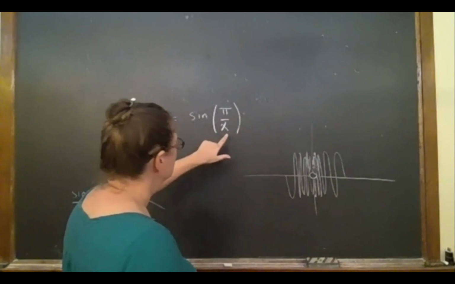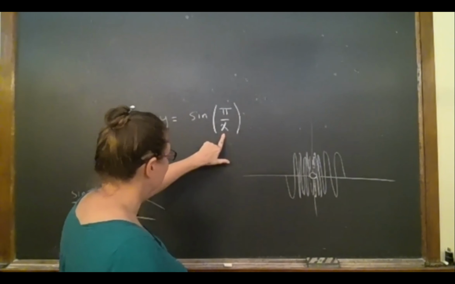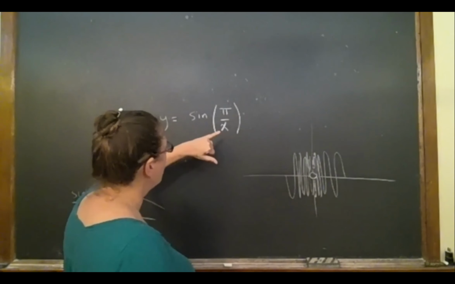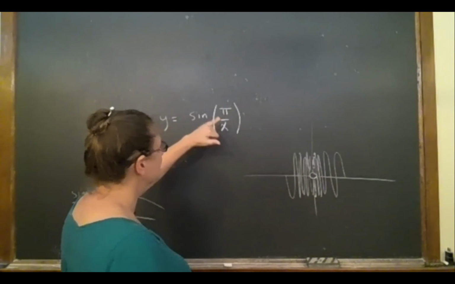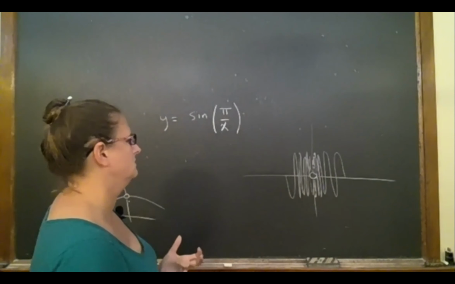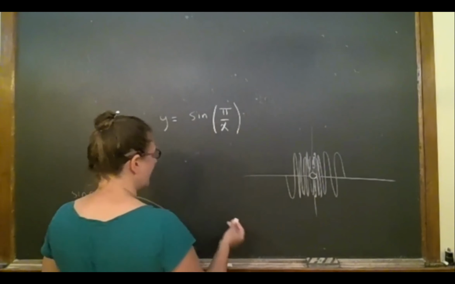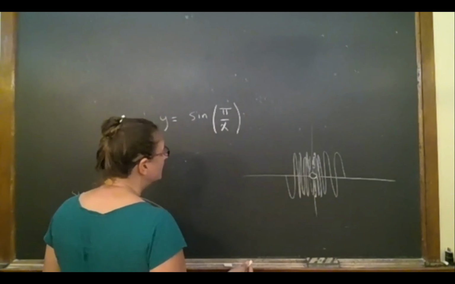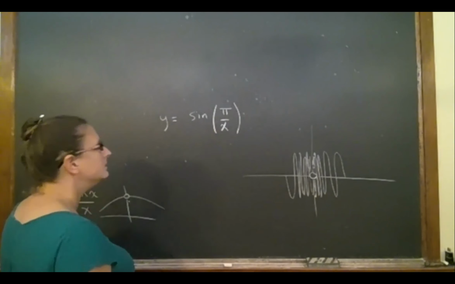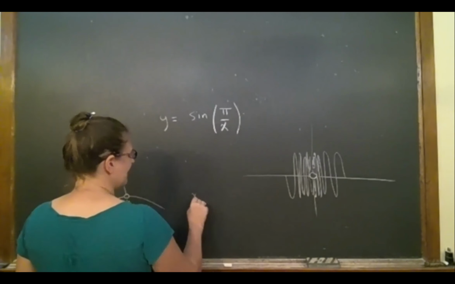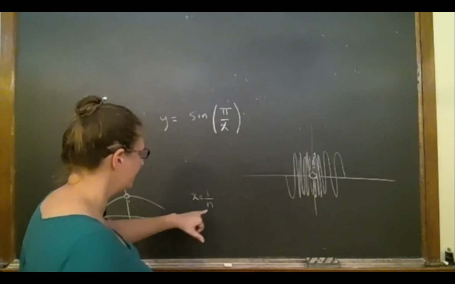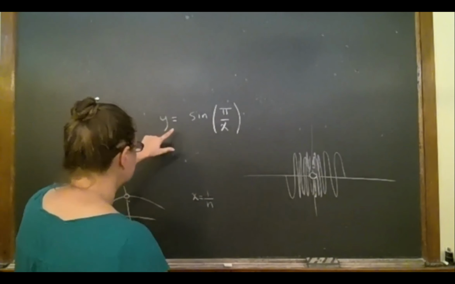So if I think about that, as x goes to 0, I can go to 0 in different ways. I want to take x equal to 1 over n, and then I take n to infinity.